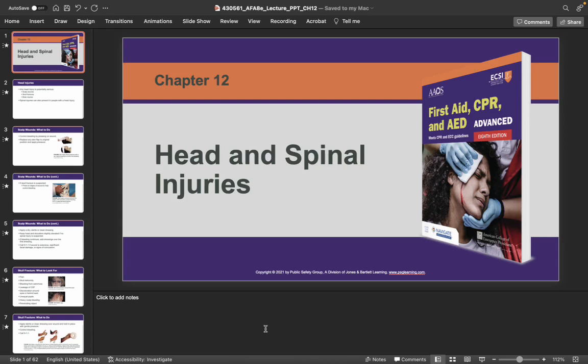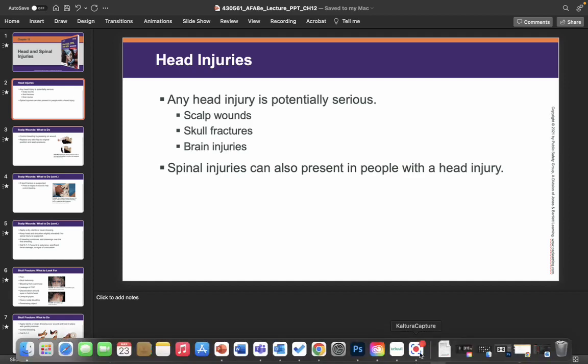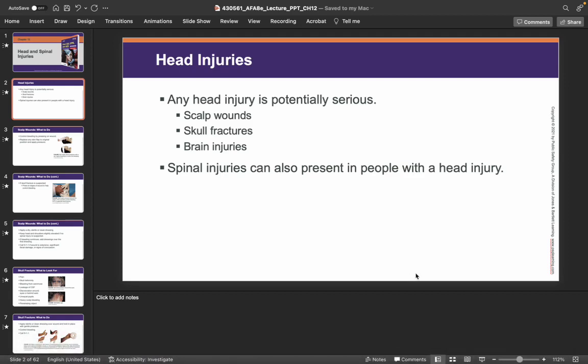All right. So when talking about head injuries, your brain is your most important organ in your body, so it is always potentially serious when we're talking about head wounds. Any type of scalp wound or even superficial wound on the head is always potentially dangerous.